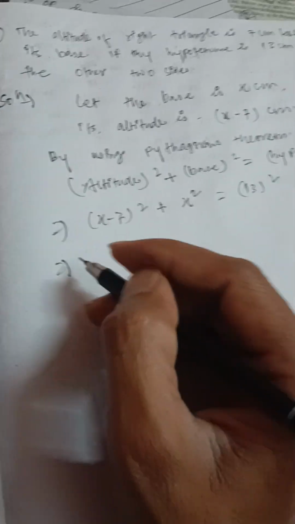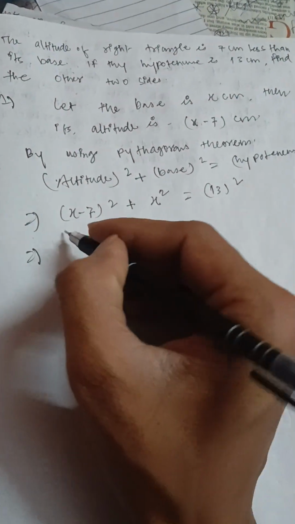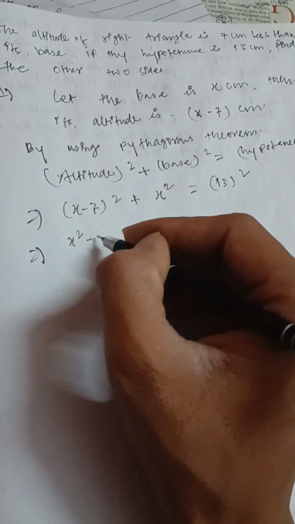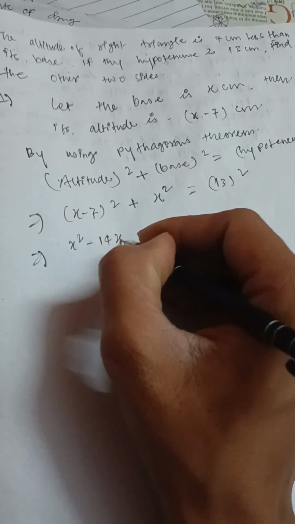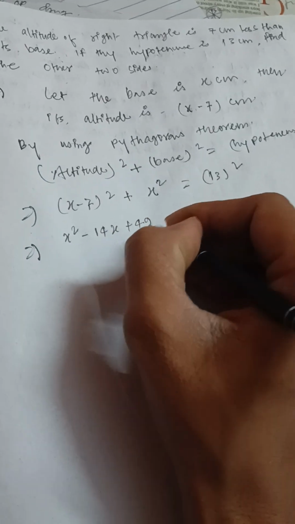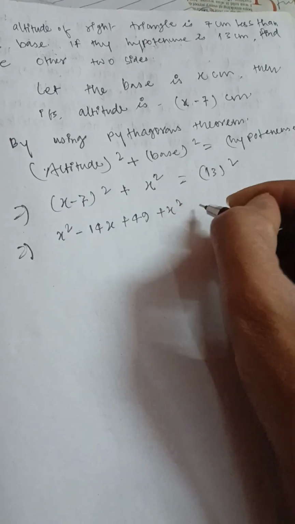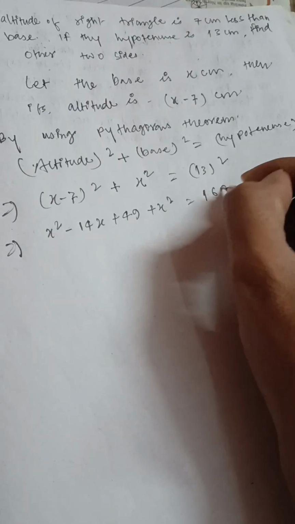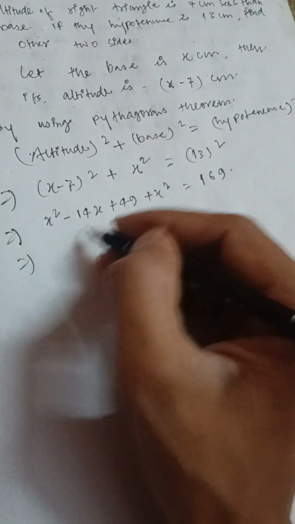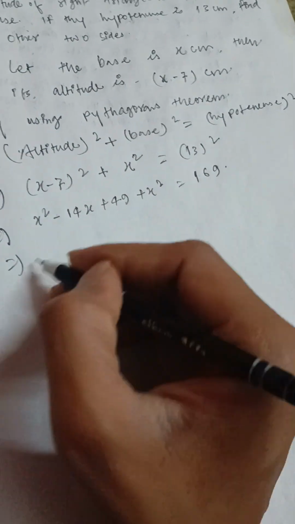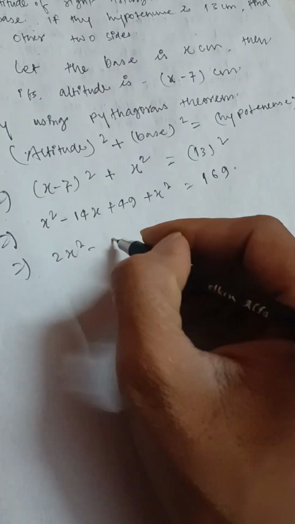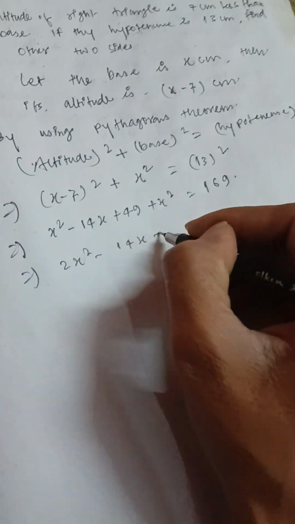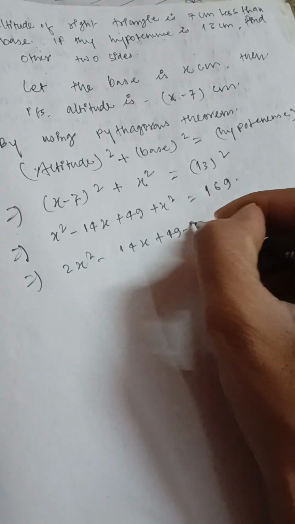Then x square minus 14x plus 49 plus x square equal to 13 whole square equal to 169. Then 2x square minus 14x plus 49 minus 169 equal to 0.